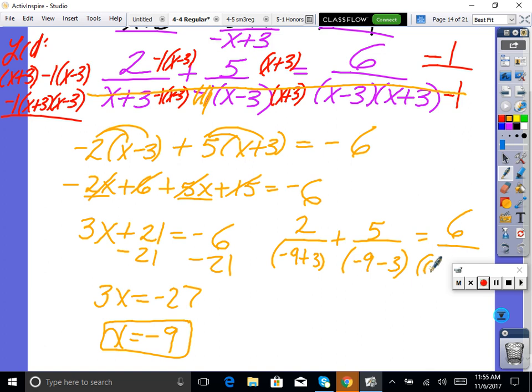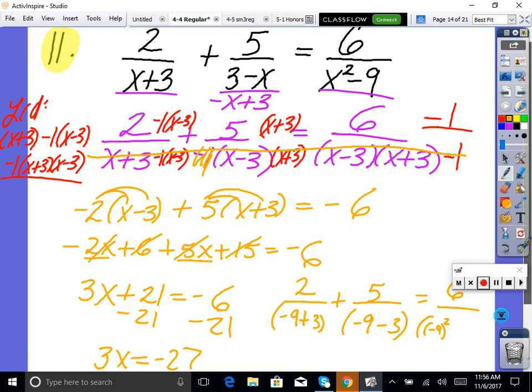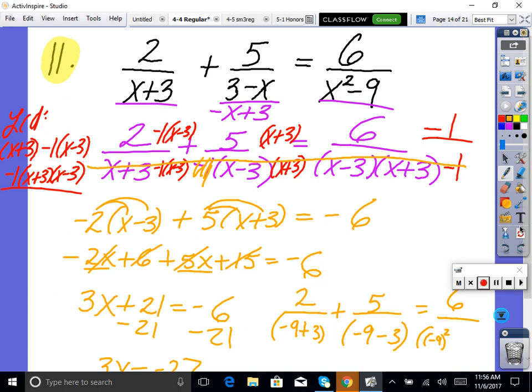Now, careful, your calculator needs to have parentheses around -9 squared. And then, what was our original? Plus -9? Okay, -9 here. But you've got to have parentheses around the -9 squared as well. Anytime you're substituting it in, you probably should use parentheses. So type it in. Does this side equal this side?